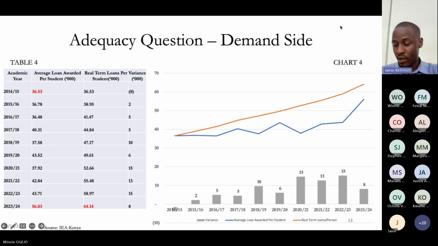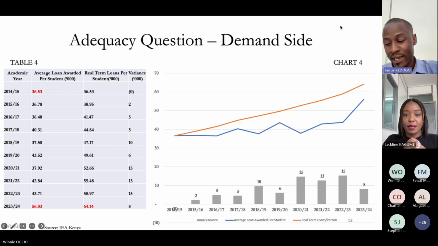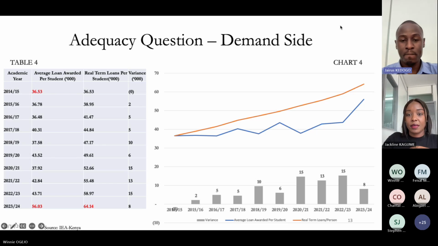Finally, this is what I would like to see as my conclusion. We have noticed that even the real value of the loans, I'll talk first about loans.